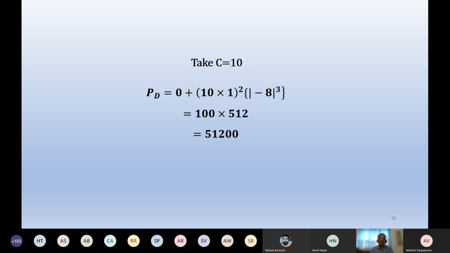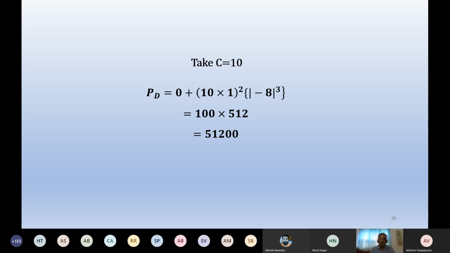So the penalty term is put equal to 0 plus c t raised to the power alpha. c equals to 10, t equals to 1 for the first iteration, alpha equals to 2 here. Then the violation is minus 8, mod value of minus 8 raised to the power beta, beta is equal to 3.